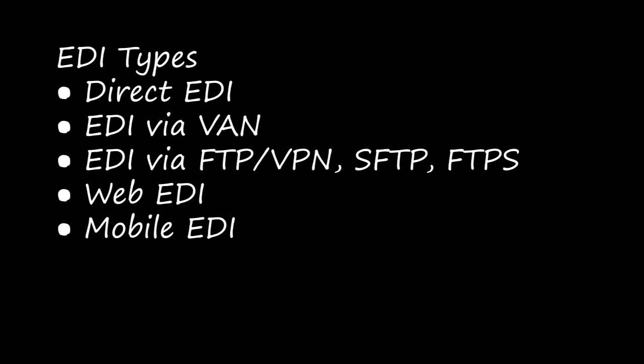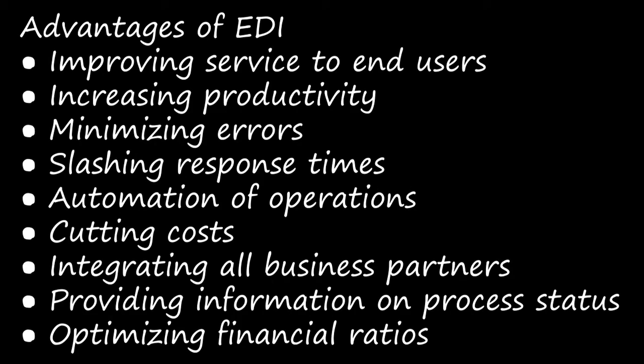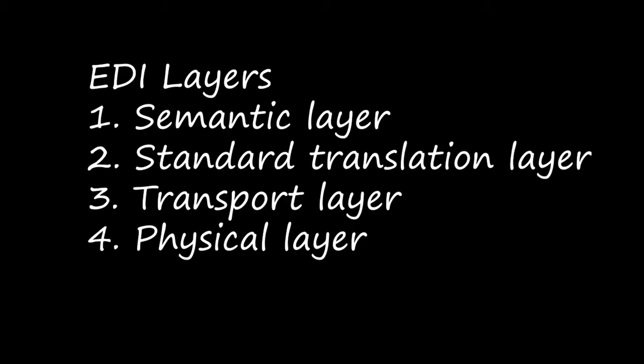And then we have seen about the advantages of EDI: increasing the service to end users, increasing productivity, minimizing the errors, slashing response time, automation of operations, cutting cost, integrating all business and trading partners, providing information on process status, optimizing financial ratios. These are the advantages of EDI, right? And then we have seen about the EDI layers also: semantic layer, standard translation layer, transport layer, and physical layer, right? Today we are going to see about EDI components.